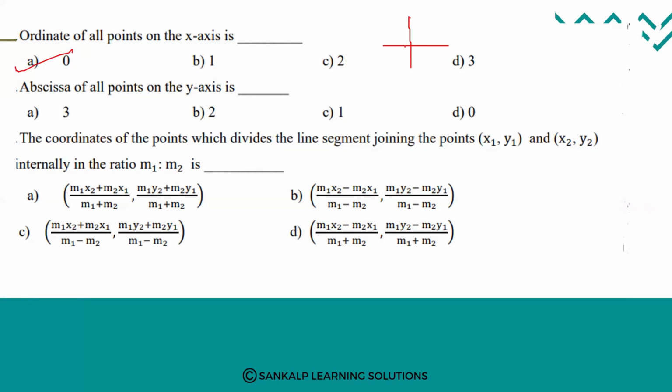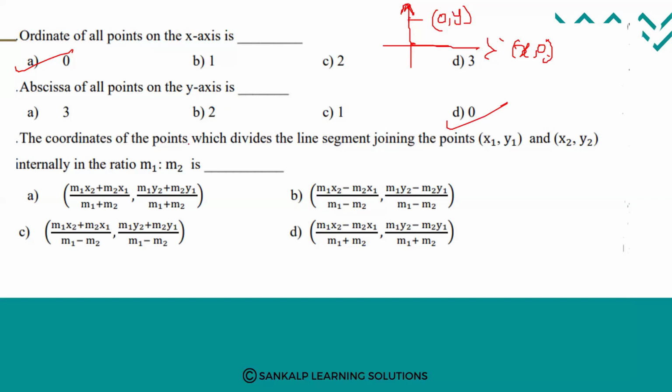On the x-axis the y value, that means ordinate value, is 0. Likewise in the y-axis, the x value, that is abscissa value, is 0. So how do we write this? We write (x, 0). Here it is x, 0 but for the y-axis we write (0, y). Abscissa is 0 on y-axis, ordinate is 0 on x-axis. Therefore, abscissa of all points on the y-axis is 0. Right? X-axis is called abscissa and y-axis is called ordinate.